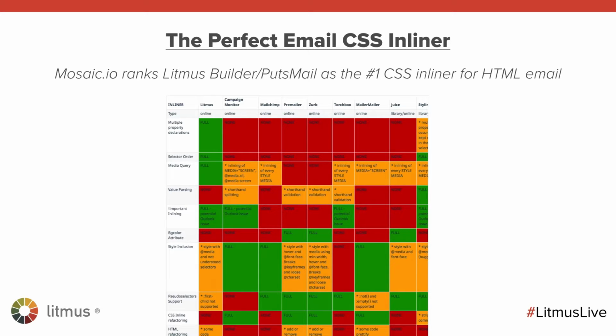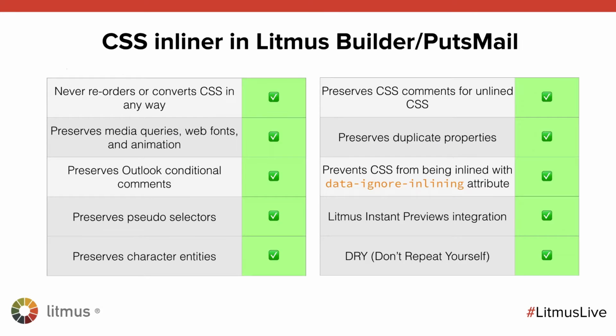I tend to agree. Granted, I'm biased, but I actually worked directly on that inliner, and we really made optimizations that a lot of these other inliners don't do for HTML email. And I'd like to go over what some of those items are. So when you're using CSS inlining in Litmus Builder or PutsMail, which use the same inliner, it never reorders or converts CSS in any way, which is a common fear with regular inliners.